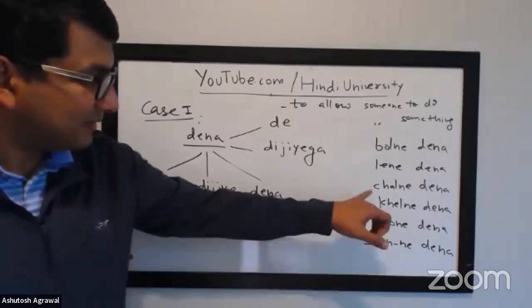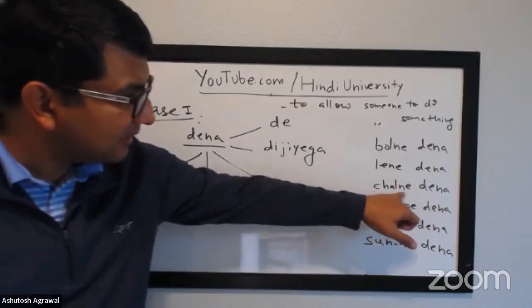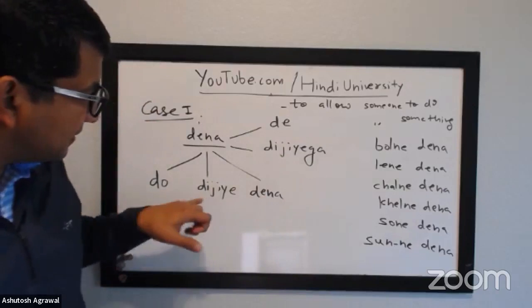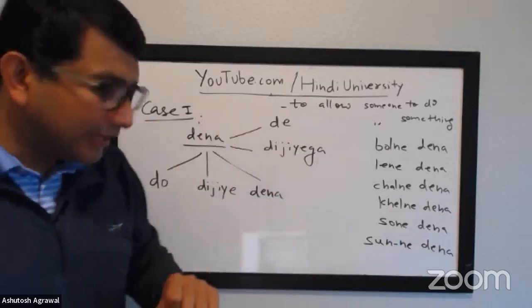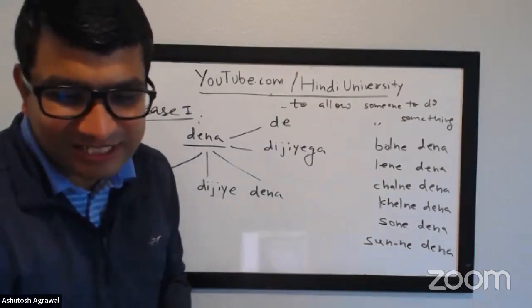Sorry, it's difficult. It's okay. So I'll help you out. So this one, chalne dijiyega. Chalne dijiyega. Very good, right? You did it just now. So amazing, right? Chalne dijiyega.